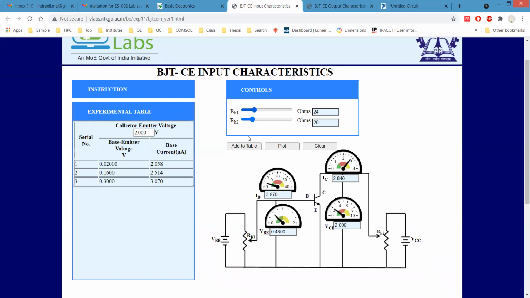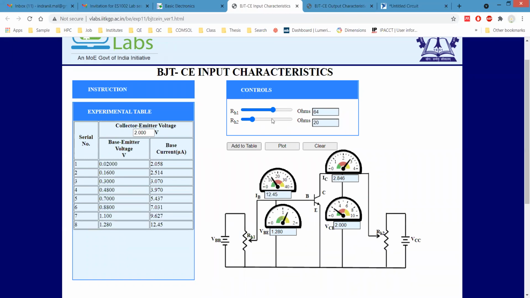A little better. So you can see whether there is any difference if we change this collector emitter voltage. How many of you are thinking that there will be a change in this graph?